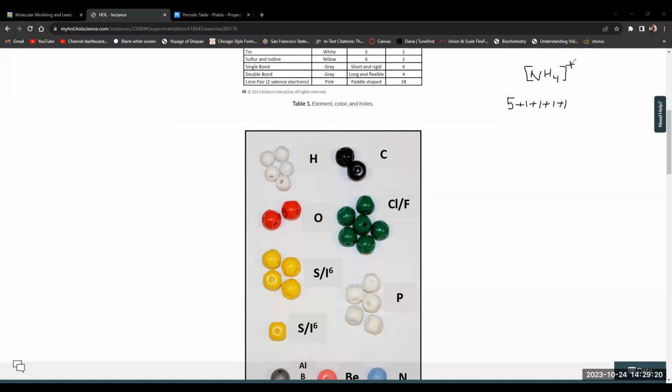But remember this charge. Do not forget about the charge, please. I would hate for you to lose points because of this. So it's going to be -1. Because remember, positively charged means you're removing an electron. So in total, we should have 5, 6, 7, 8, 9. So 8. 8 valence electrons.